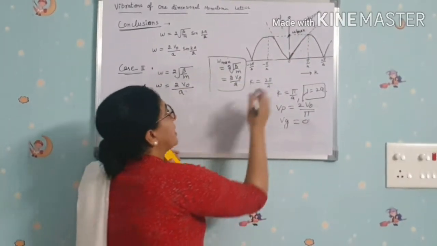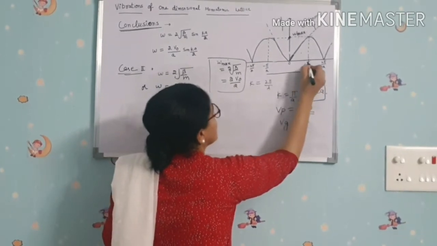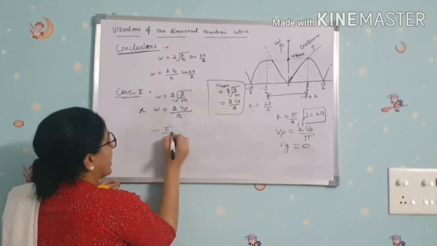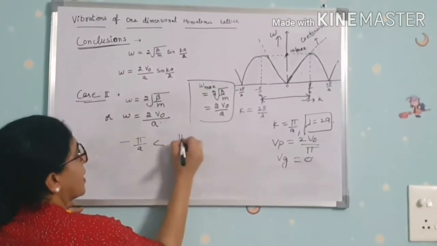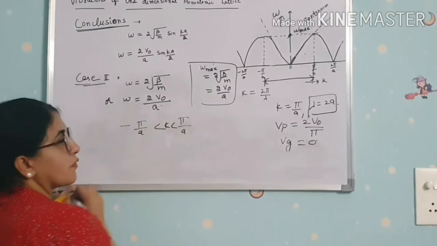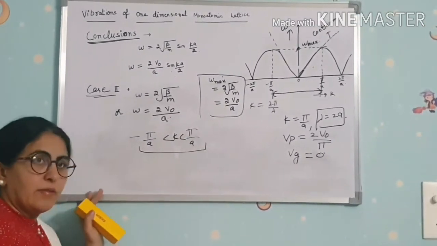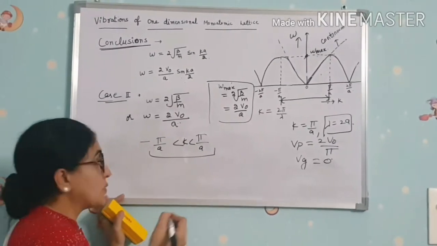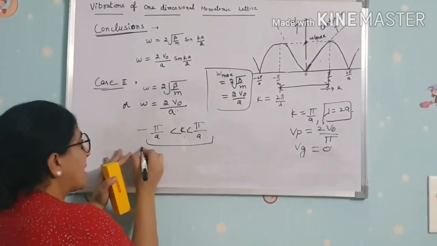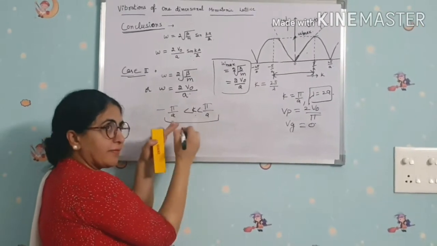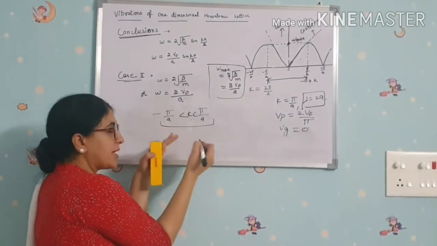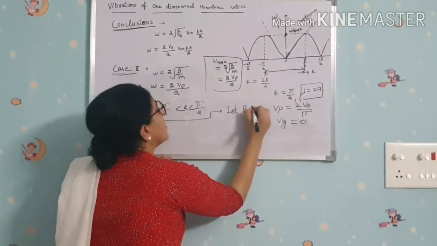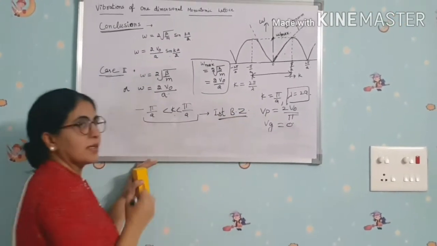So we have studied in Brillouin zones that the first Brillouin zone is formed between minus pi by a to pi by a, the locus of k values which obey Bragg's law in reciprocal lattice. That is a Brillouin zone. So when the value of k varies from minus pi by a to pi by a, this is the first Brillouin zone.